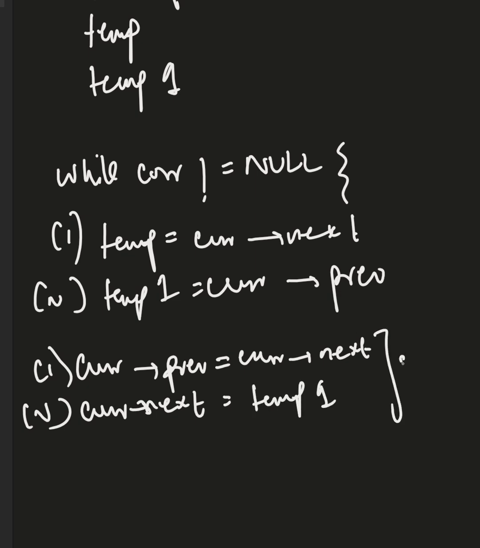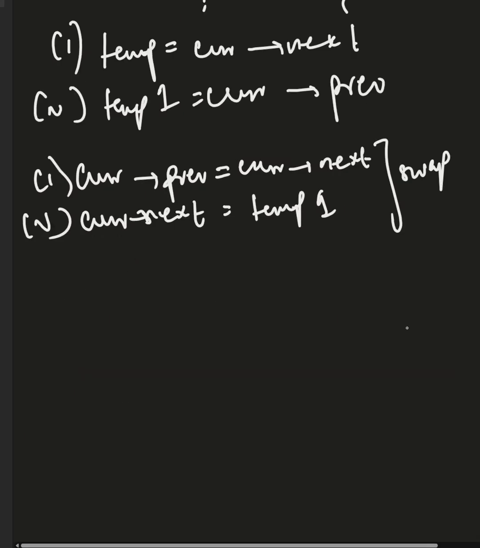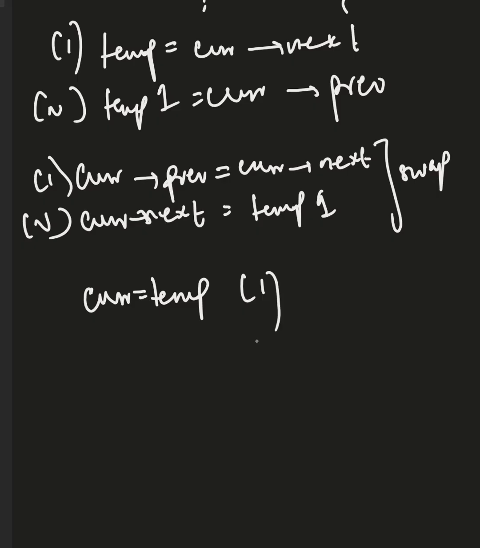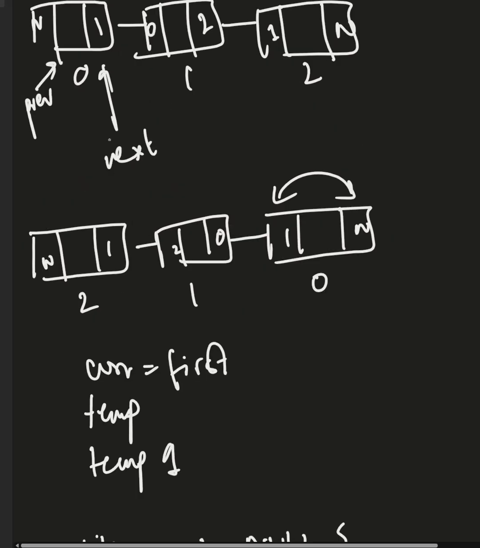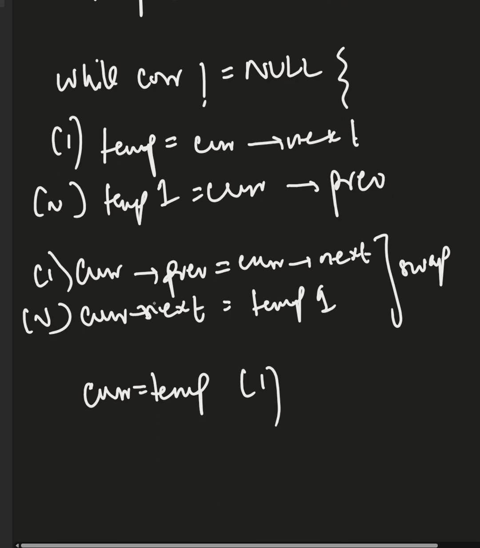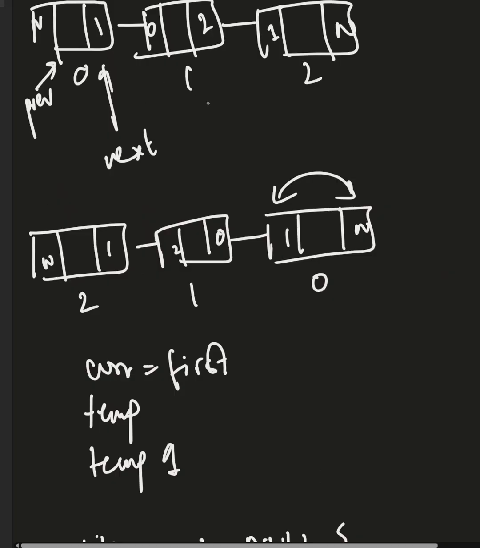So this part does the swapping. Then I'm going to change the value of current to current is equal to temp. Why temp? Because temp stores 1. So now from 0, I'll move on to the next node, which is 1. And the same will happen for 1. We'll do the swapping, and then 1 will go to 2, and then 2 will go to null, and then our loop will stop.